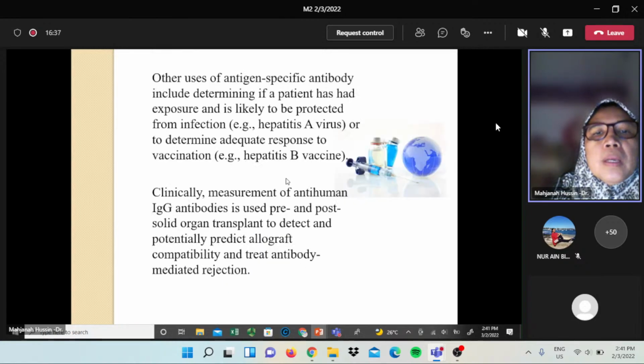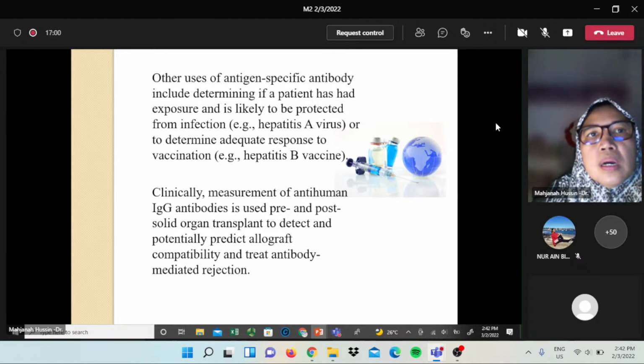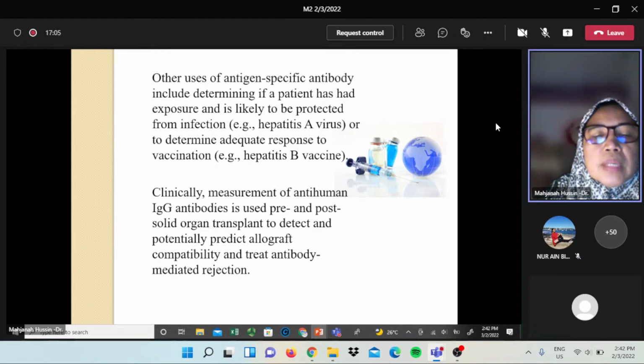Other uses of antigen-specific antibody are to determine whether you already have exposure to it, and whether you are in fact protected, just like the vaccine just now. We can go for diagnosis to see the amount or status of your antibody, whether it's present in a large amount.